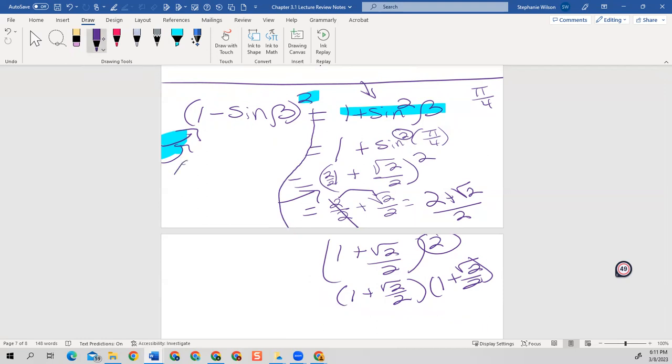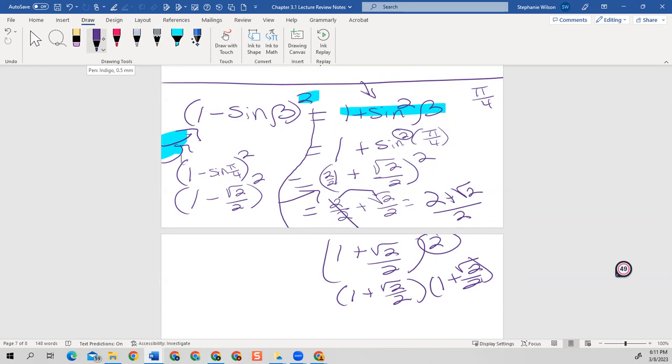Now, if we work on this one inside this parenthesis, I got 1 minus that sine pi over 4, which we know is 1 minus the square root of 2 over 2, and square it. We have a little bit more work going on, but now we have a subtraction going on. Said 1 minus.